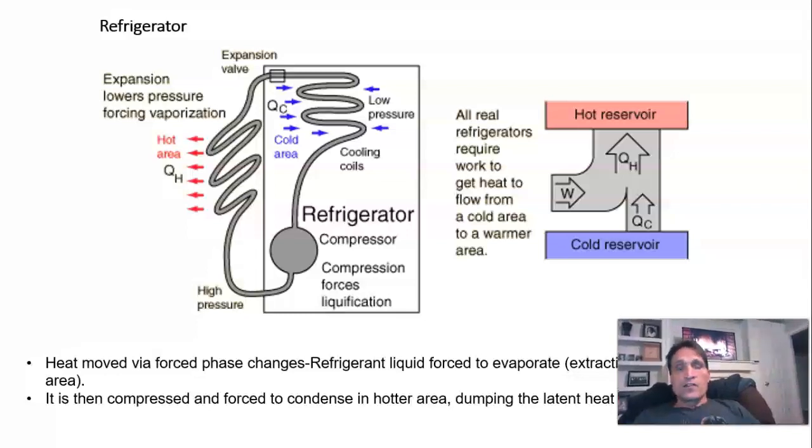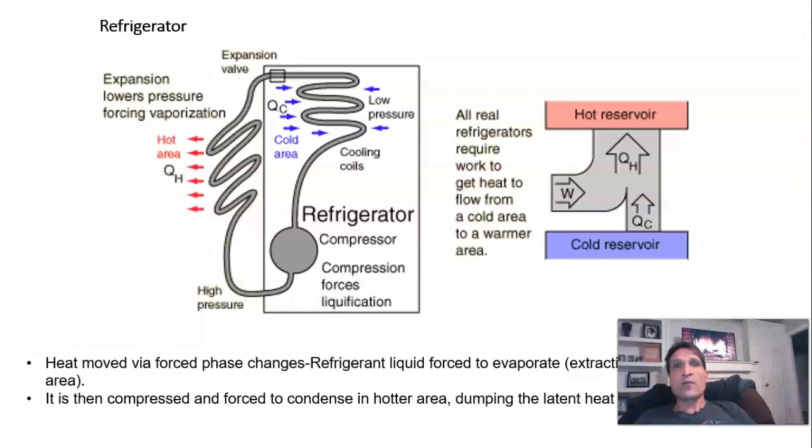So this pretty much concludes Chapter 21, and it concludes Unit 2. I encourage you to begin working on Homework 4, to look at these notes again and really understand these processes for refrigeration and for the Otto cycle.